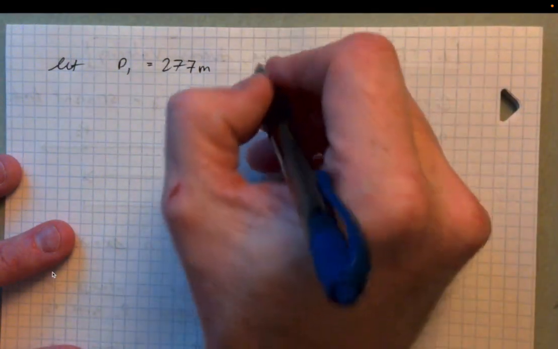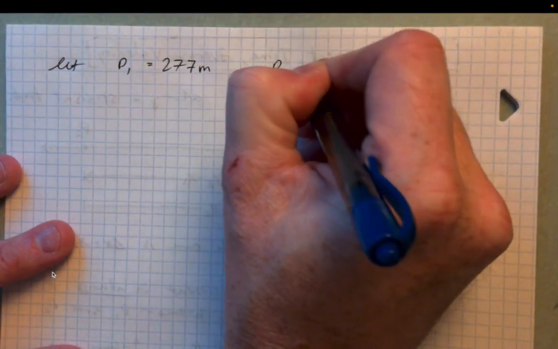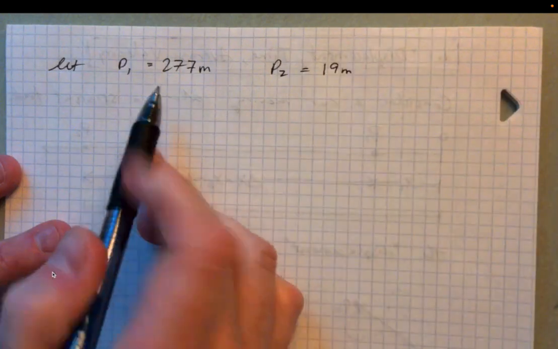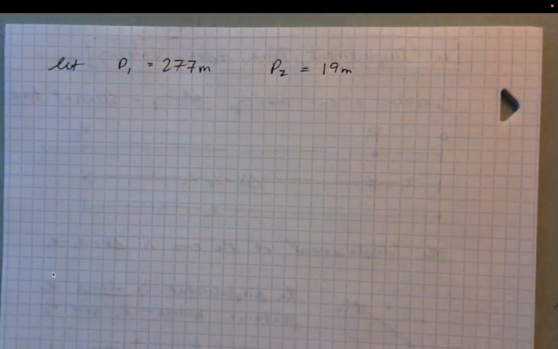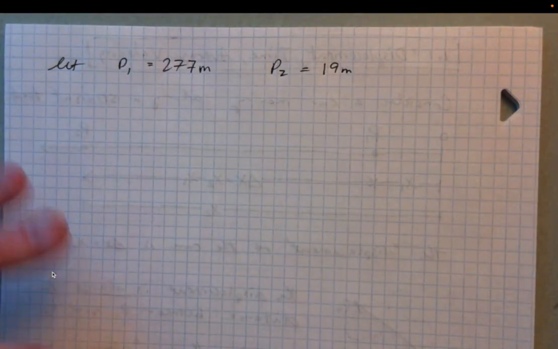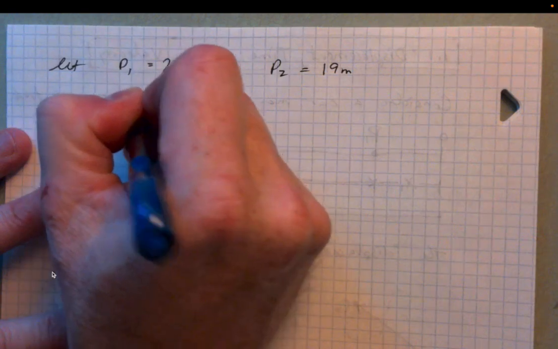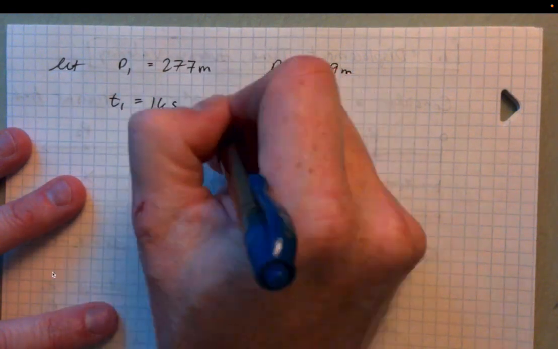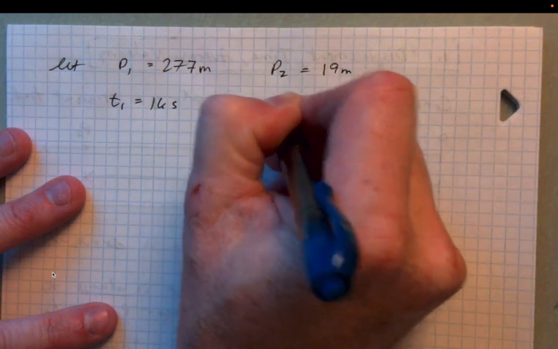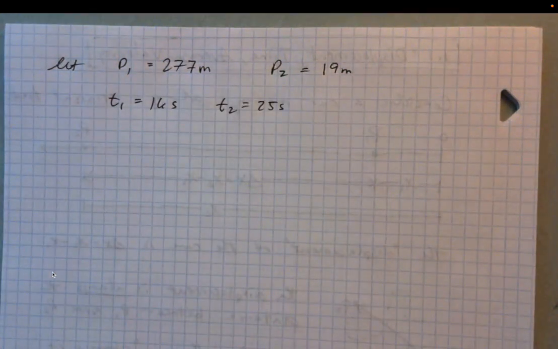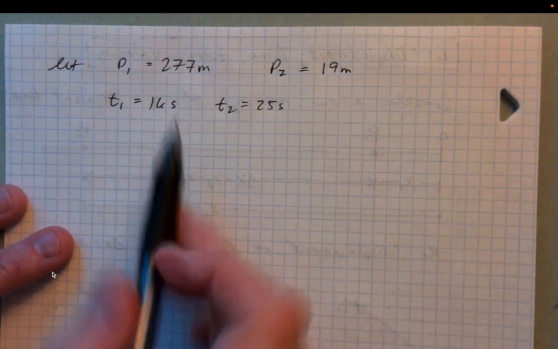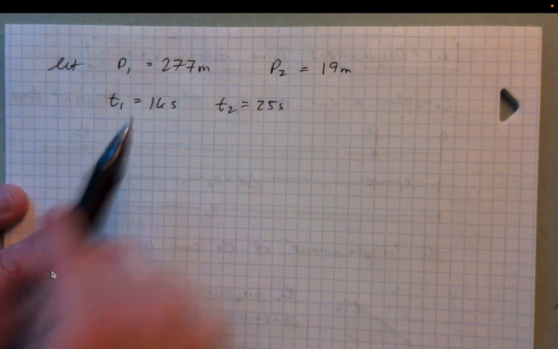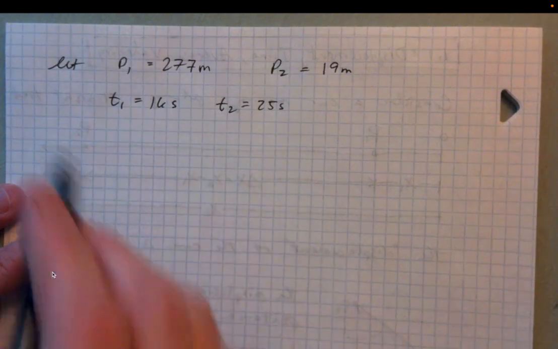We'll say position 2 is then 19 meters, so it's going to go back to where it started. Let's say that time 1 is 16 seconds and time 2 is 25 seconds. So it goes out to this position of 277 meters, stops there for a while, and then heads back the other direction. What is our average velocity over this time interval from 16 seconds to 25 seconds?